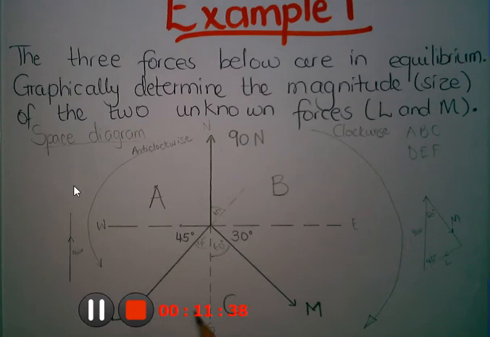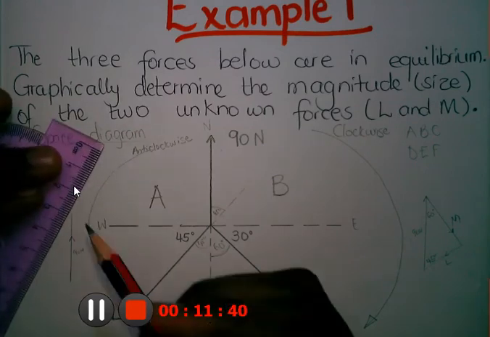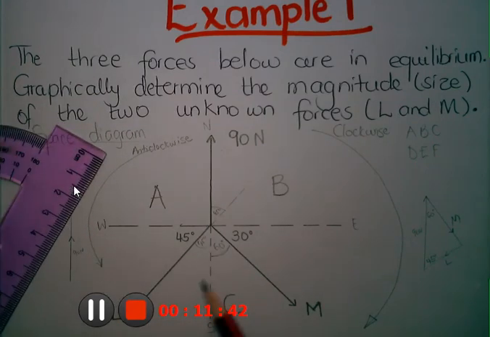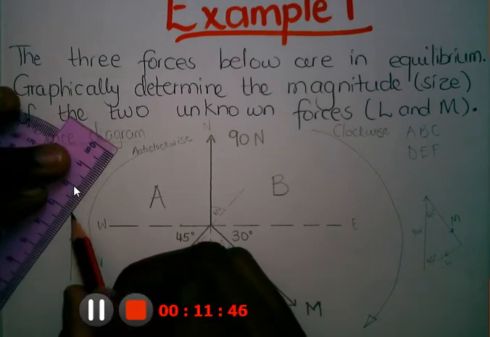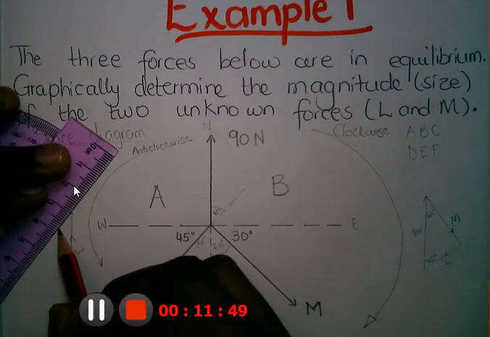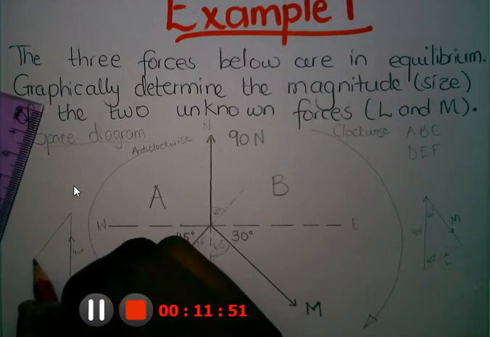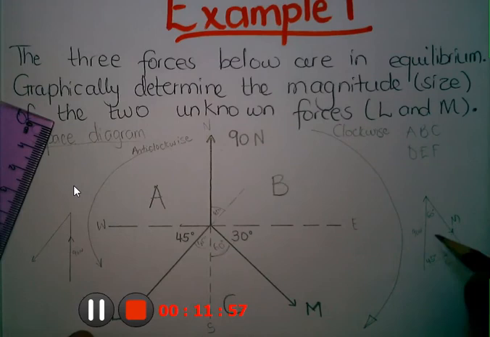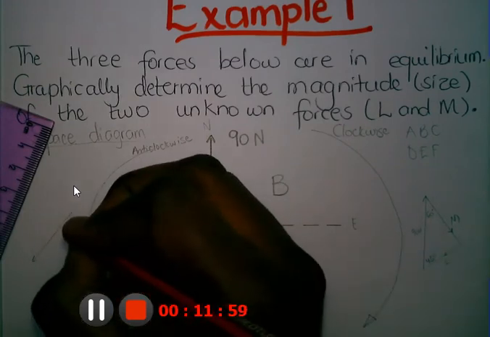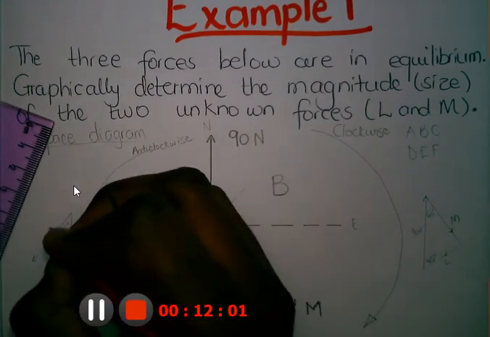So L will come up there, because remember your arrows must follow each other. L will come here, and you already know that your angle between L and 90 is 45 degrees, so this will be L.